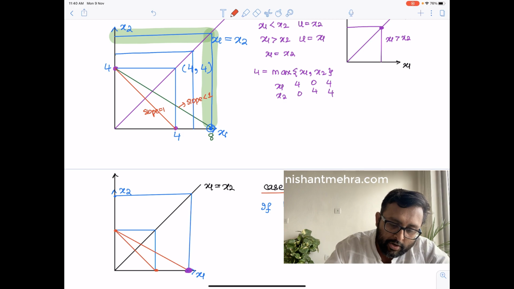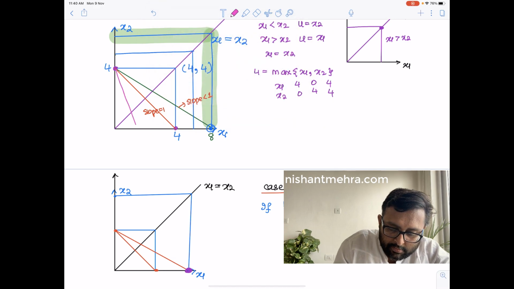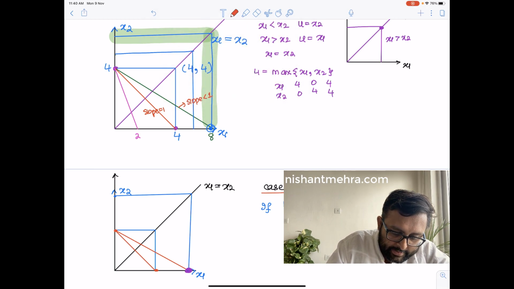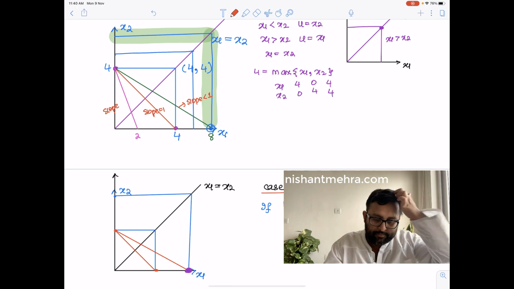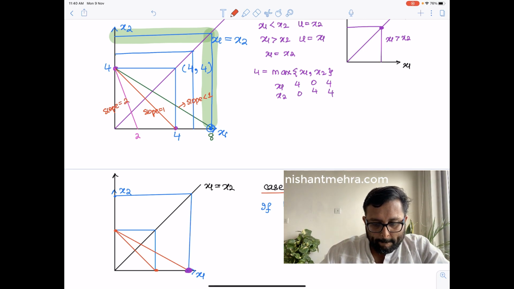Or if I would have drawn it like this, let's say some other number, this one, then the slope of the budget line is 2. You with me? So you do what?